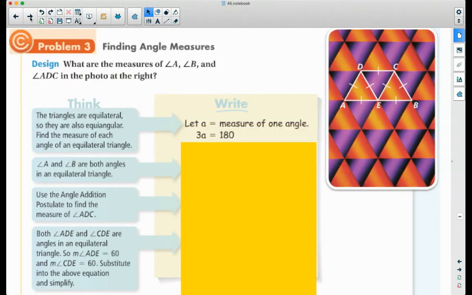Each one of these angles inside these triangles, here, here, and here, all have to be the same because it's equiangular. So they're all going to be 60. The measure of angle A equals the measure of angle B, which is 60.